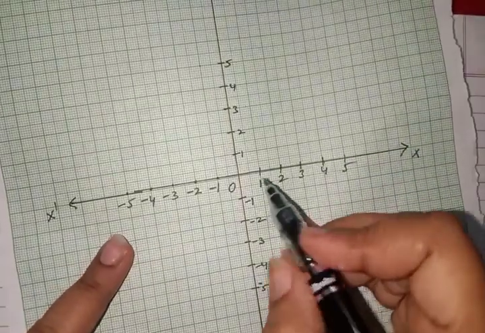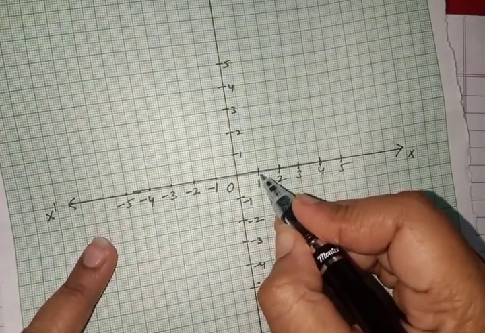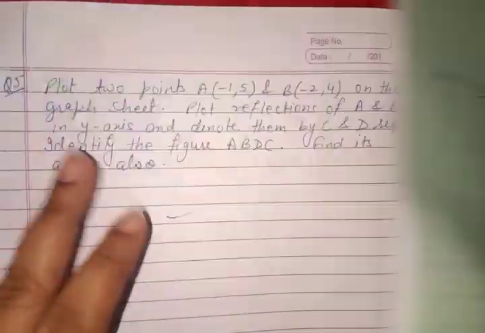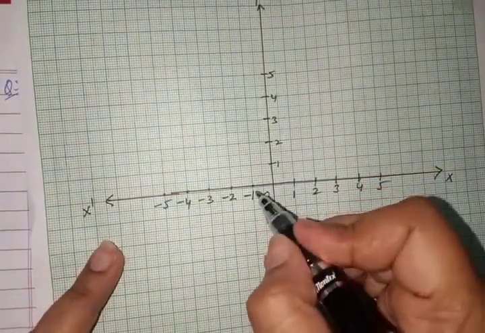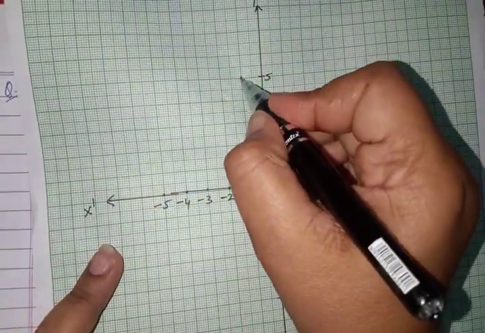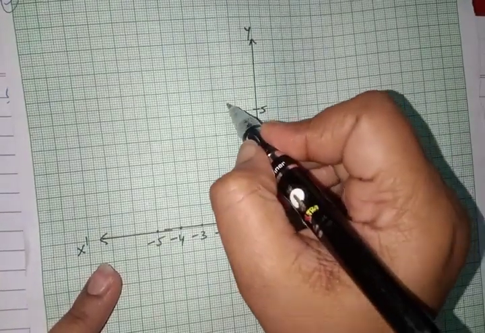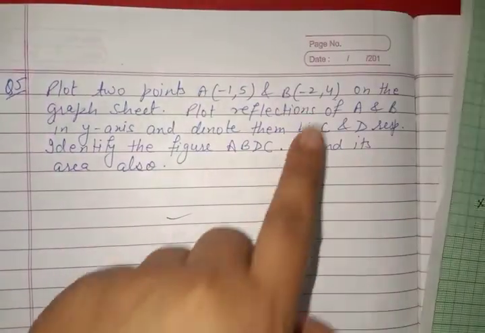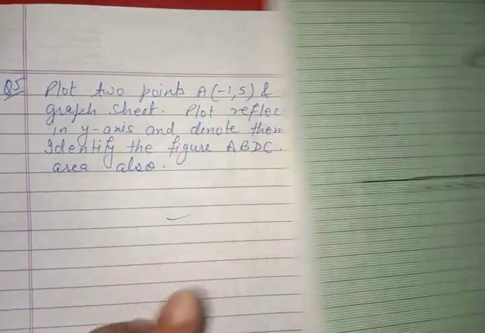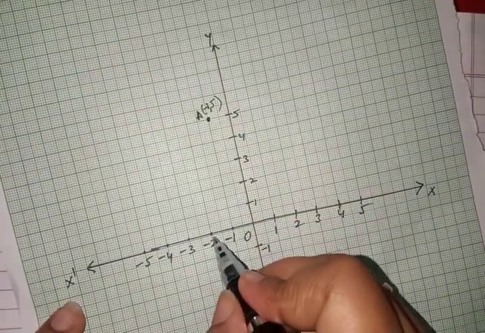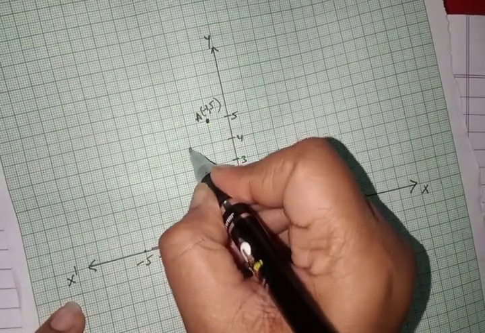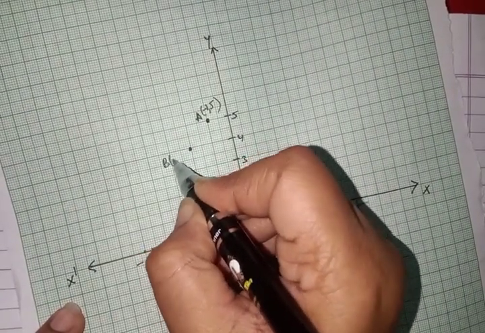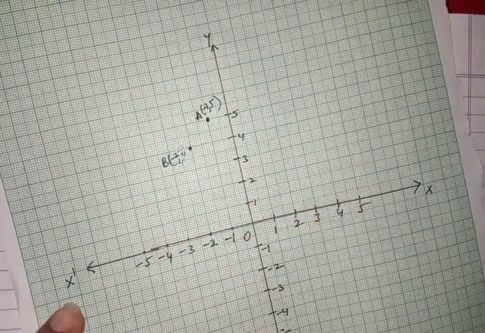So we will plot, sorry, minus 1, 5. Minus 1, 5 is this point. The name of this point is A. And B is minus 2, 4. So this point is minus 2, 4. This is our B.